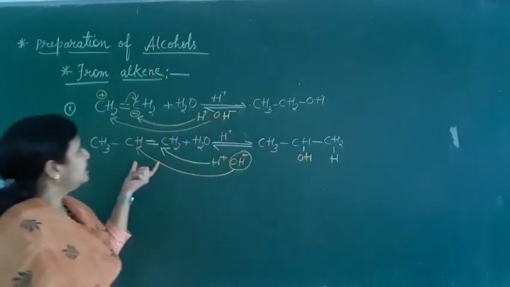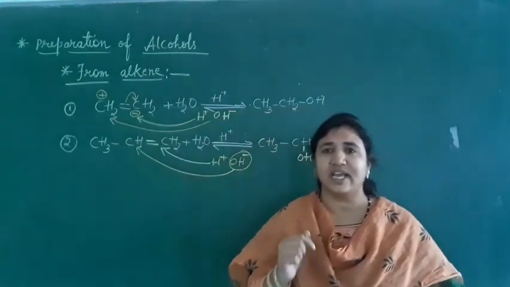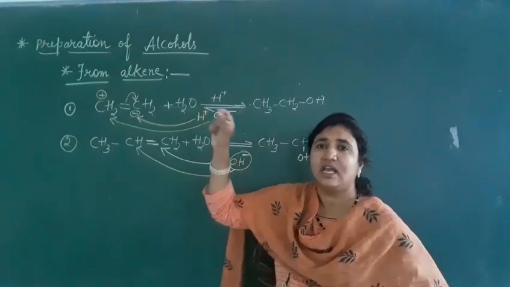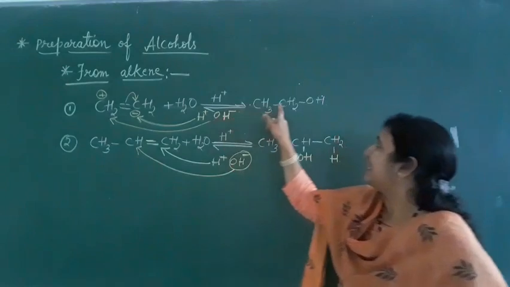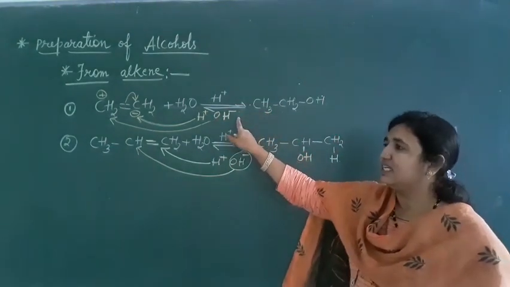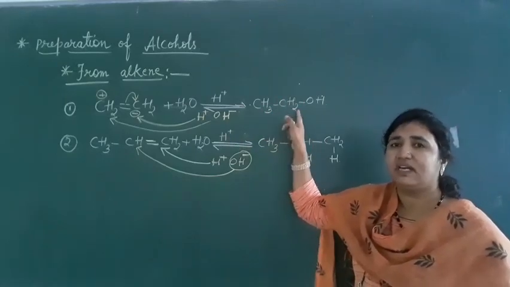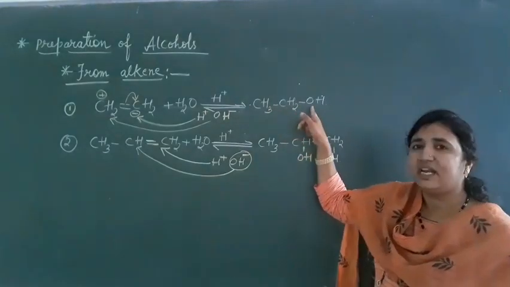Understood? So this is hydration of alkene. Hydration of alkene means alkenes react with water in the presence of acid as a catalyst, and we get alcohol. If a symmetrical alkene is there, then we adjust one H and one OH on any one carbon each, and we get alcohol.